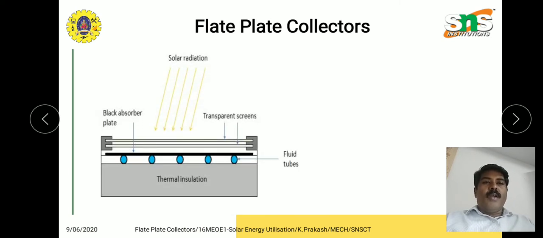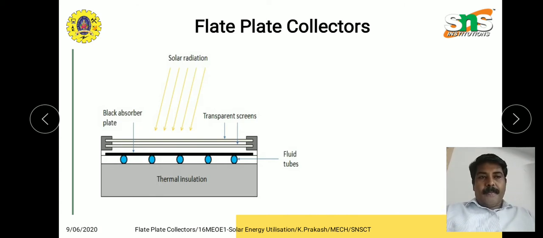Now we are going to discuss the working of a flat plate collector. These flat plate collectors are installed even for our domestic purposes. Let us discuss the main parts and how this flat plate collector works. Initially, there are fluid tubes made of copper.